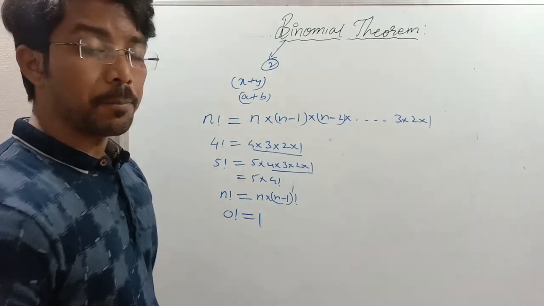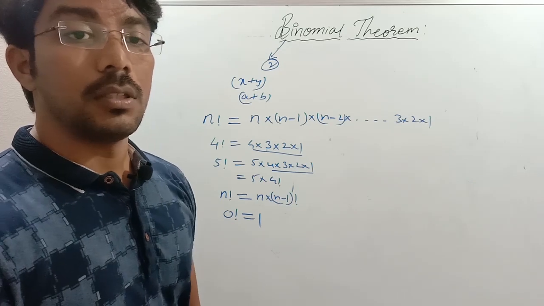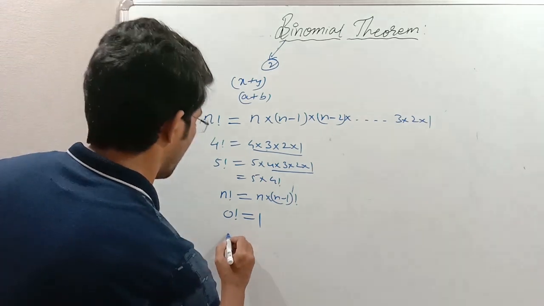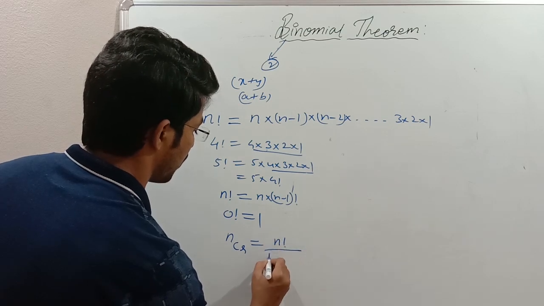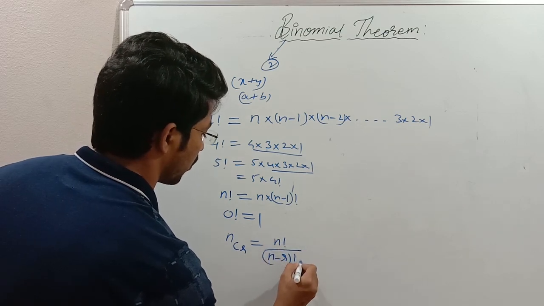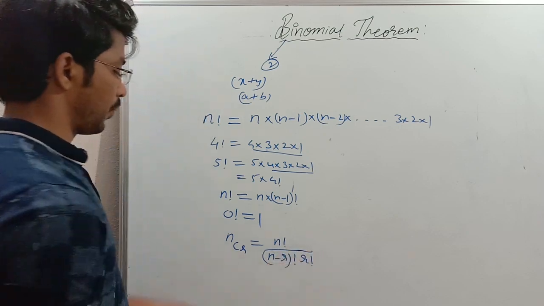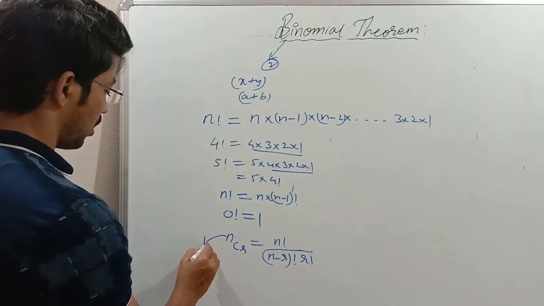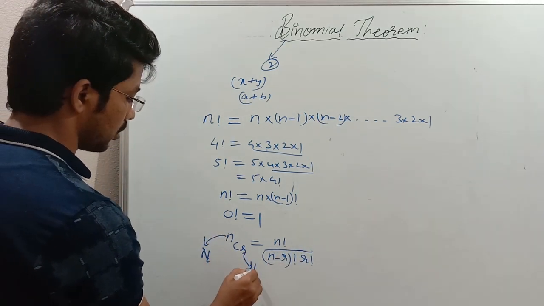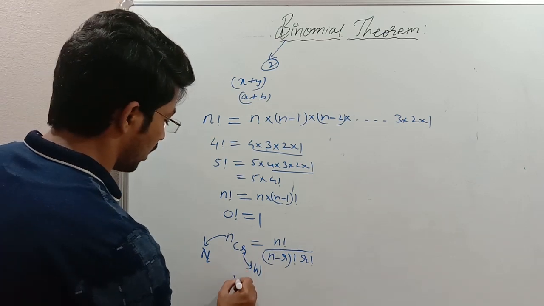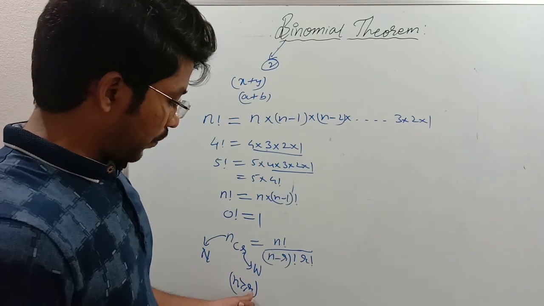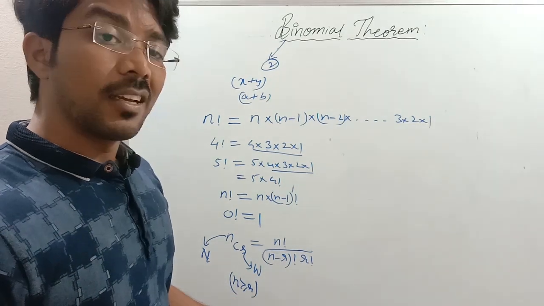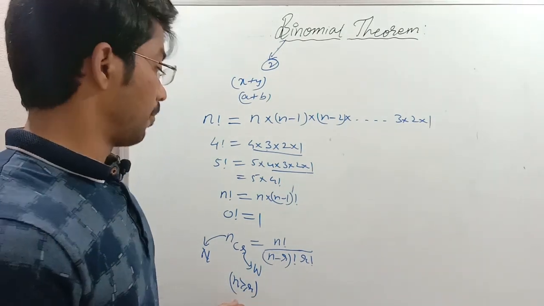Another important formula for binomial theorem is nCr equal to n factorial by n minus r factorial into r factorial, where n is a natural number and r is a whole number and n is greater than or equal to r, where r should not be greater than n.